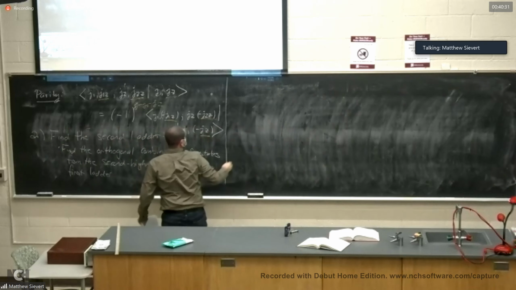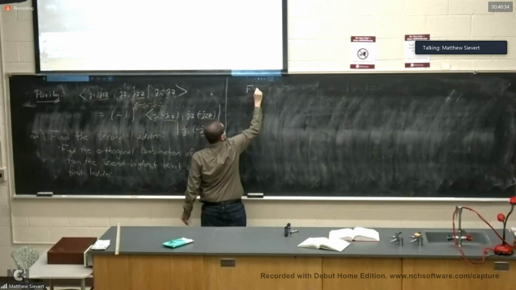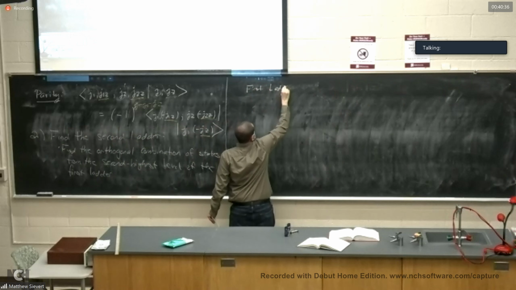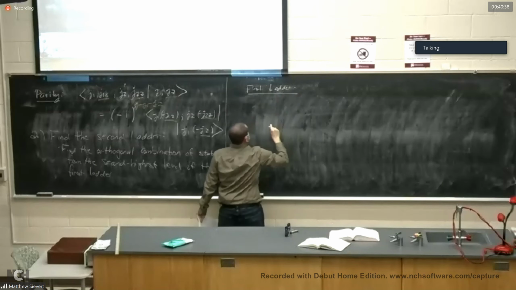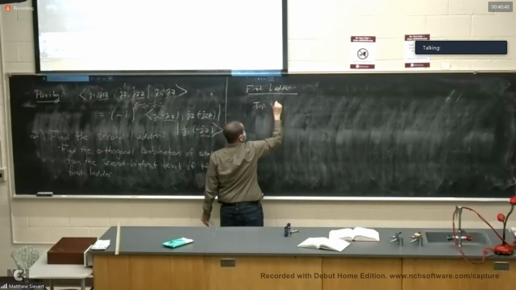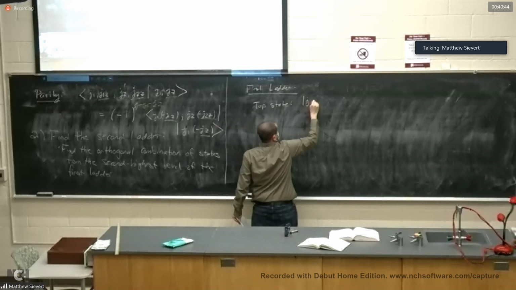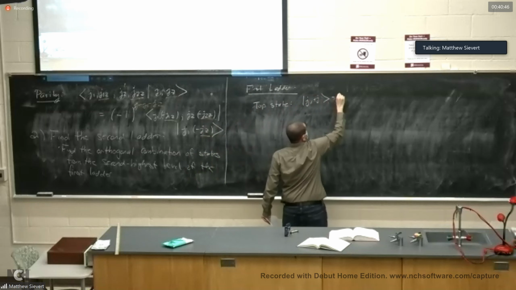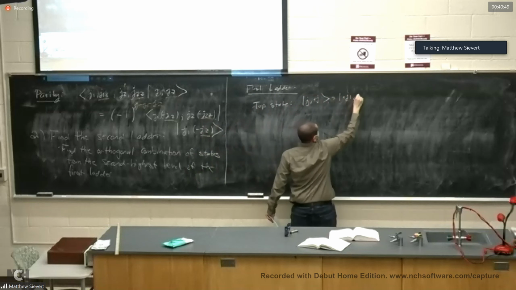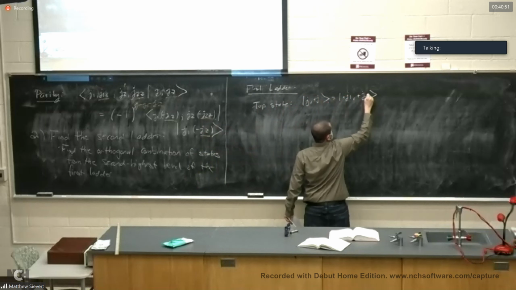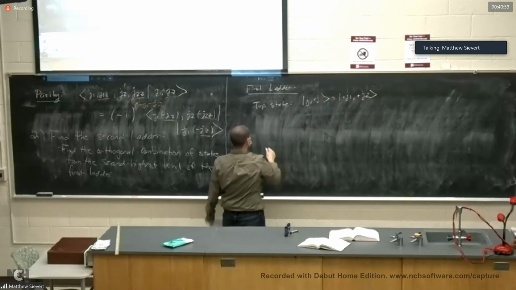So what I mean by this is, if in the first ladder your top state was J, plus J, equals plus J1 plus J2, right? Everything is maximized.